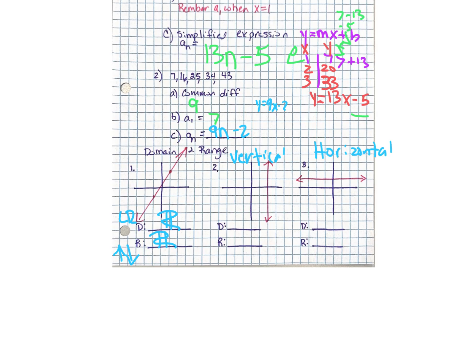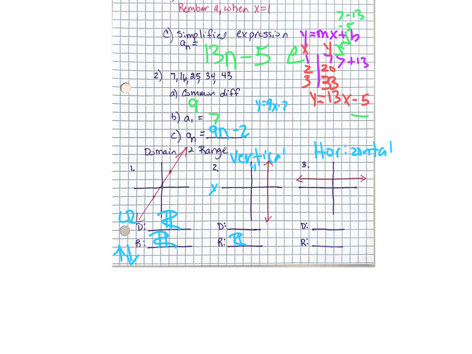Now, your vertical line is going to be all real on one of them. Because it is going up and down forever, it is going to be all real on the range. That's your Y value. Again, just in case, this is your X and this is your Y on your graphs. And your domain is going to be, where does it cross? Well, it crosses when X equals 2.